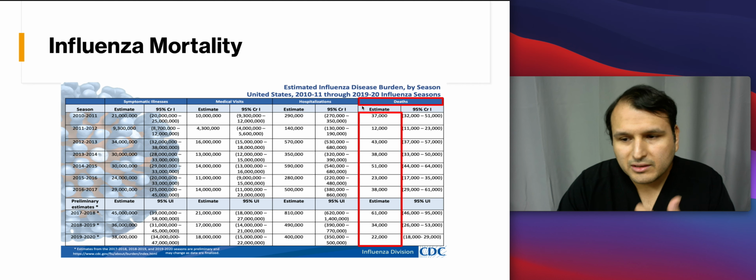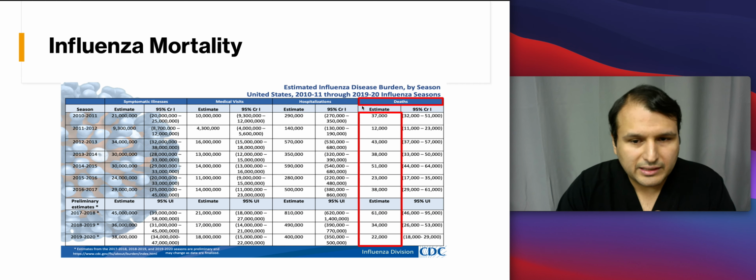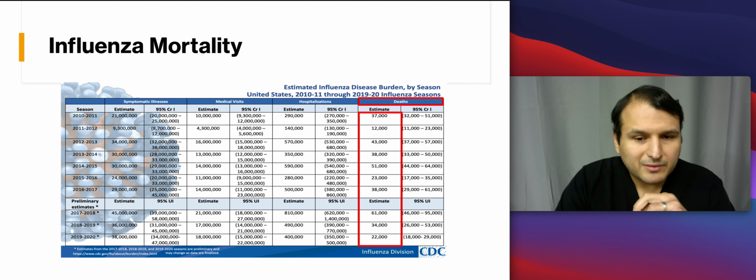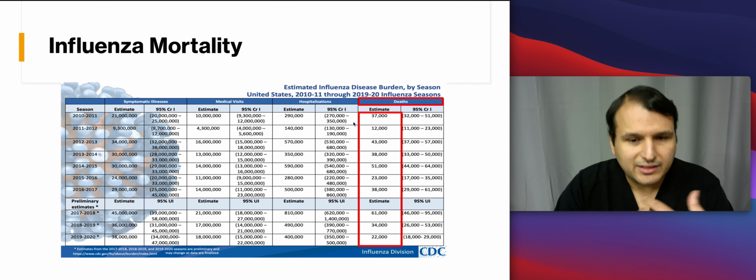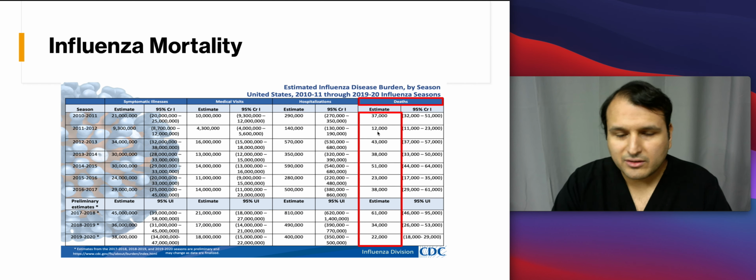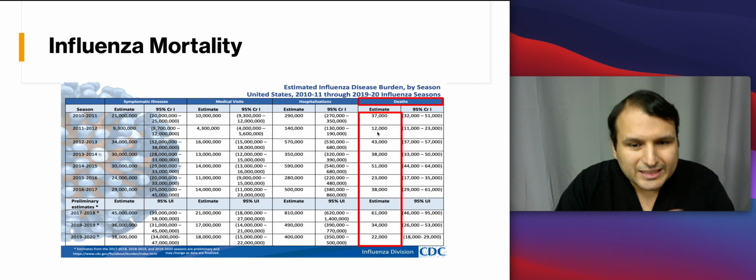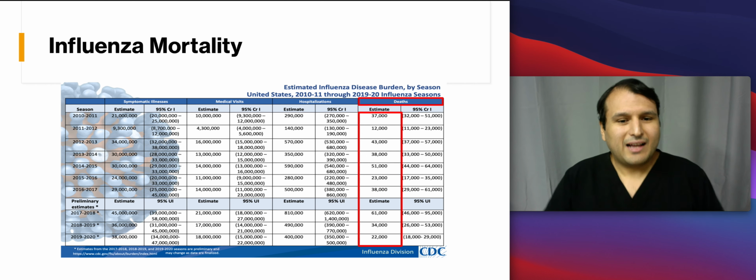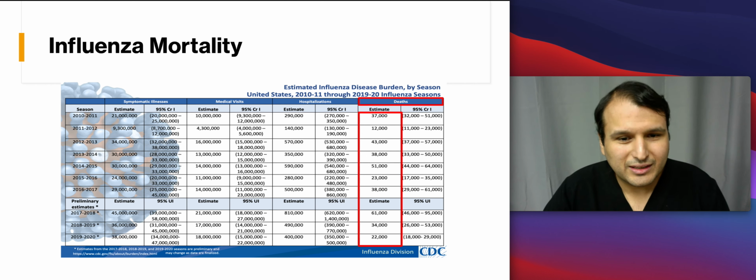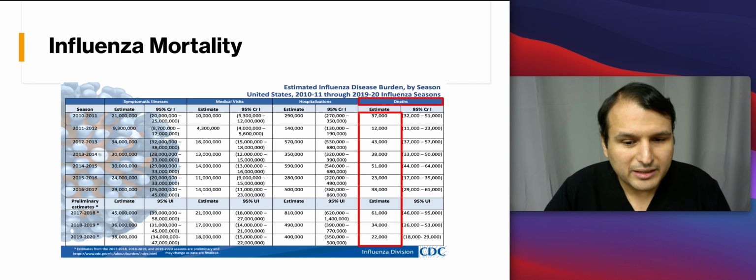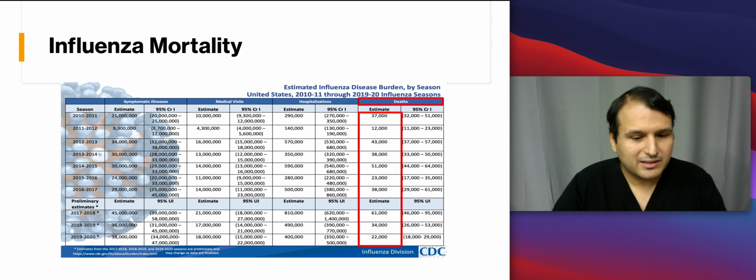And then ultimately, do they die from influenza-related illness? So these are the numbers over the last 10 years: 37,000, 12,000, and so forth. These are estimates because obviously we can't account for every single person that died from influenza, but it gives us a pretty good estimate of the deaths we've seen in the past 10 years.